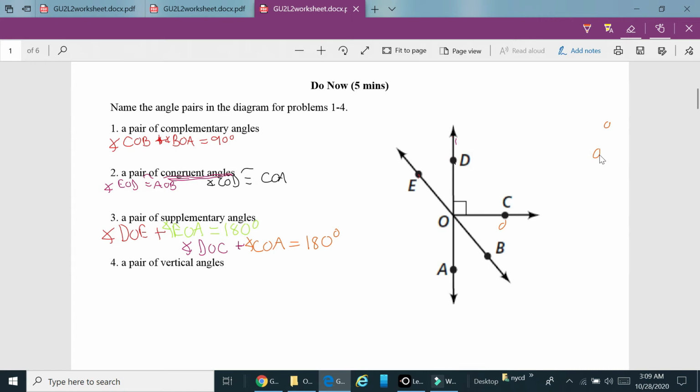So hopefully this helps. And then, yeah, look also, it's on that line. So what angles make up that 180 degrees? There's so many ways I could go about it. I'll do one more for supplementary. I'll focus on this line right here.